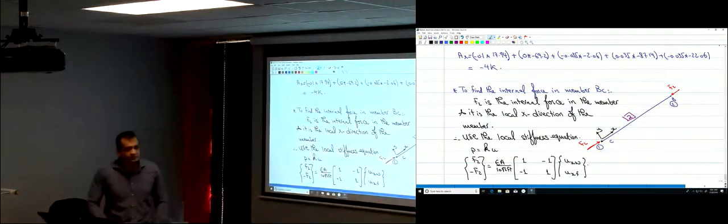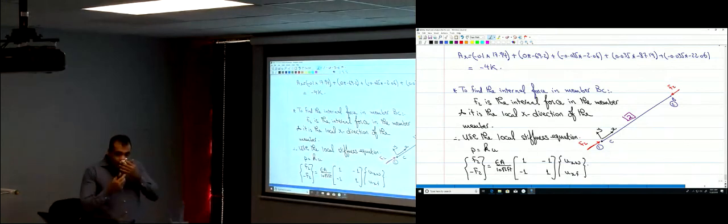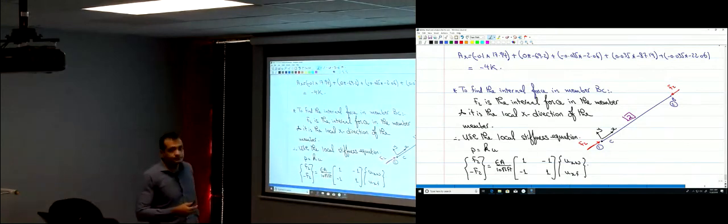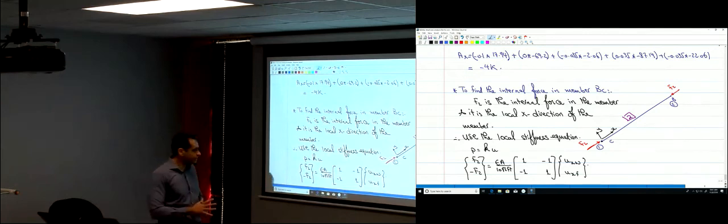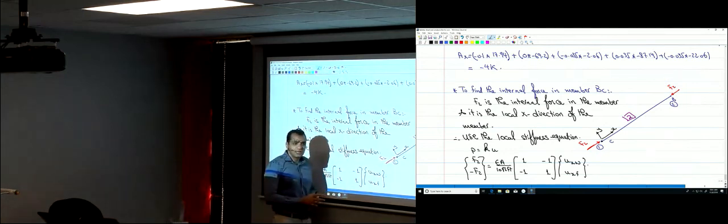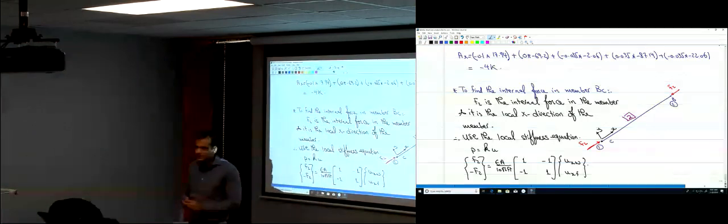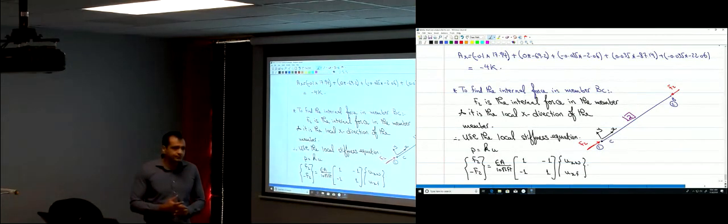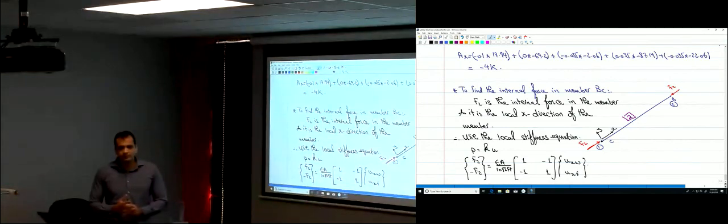Did we calculate this? No. What deflections or displacements did we calculate? We calculated all the displacements, but in the global direction, right? We did calculate the deflections at every node in the global direction. I don't need the deflections in the global direction; I need the deflections in the local direction. Is there a relationship between the displacements in the local direction and the global direction? The transformation matrix, right?